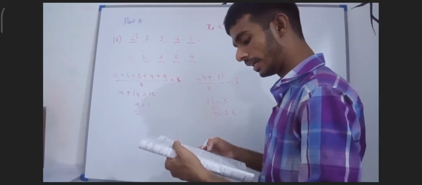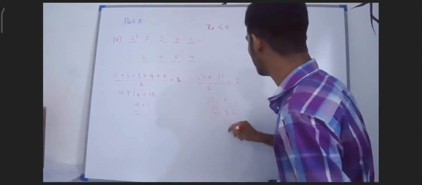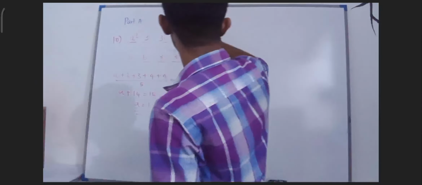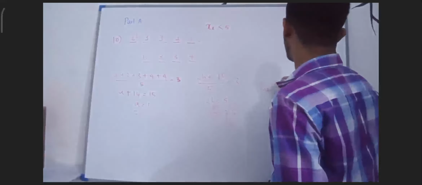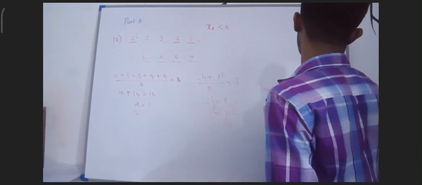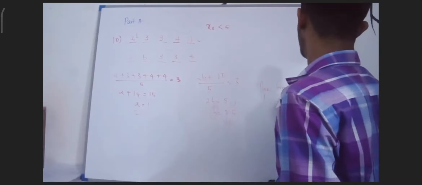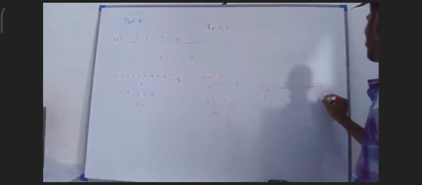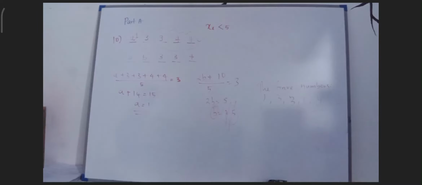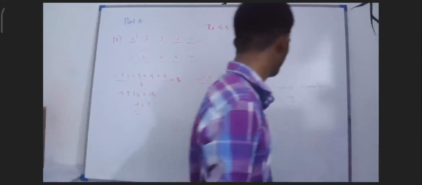But initially they told us the data set should contain positive integers. So this is not an integer, so this cannot happen. So finally you have to write the 5 numbers: 1, 3, 3, 4, 4. This is the answer. I hope you have understood these two structured questions.